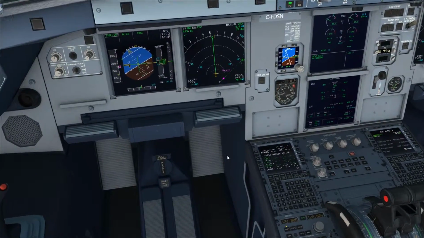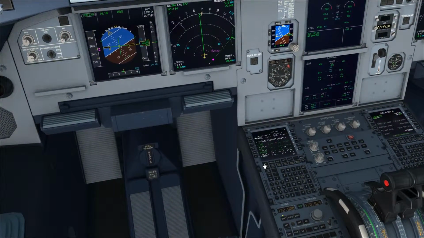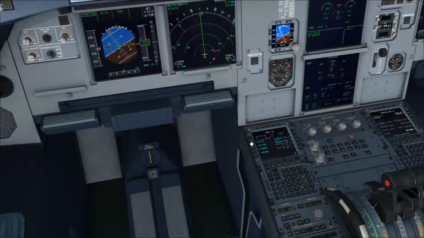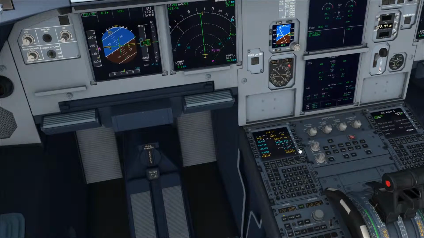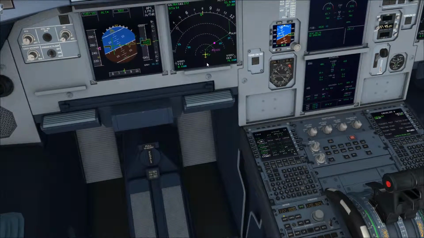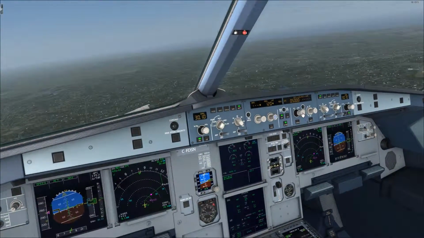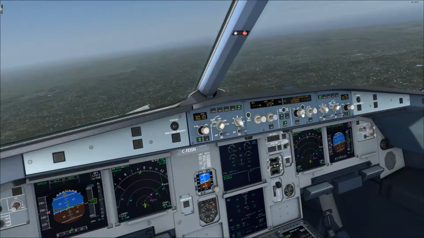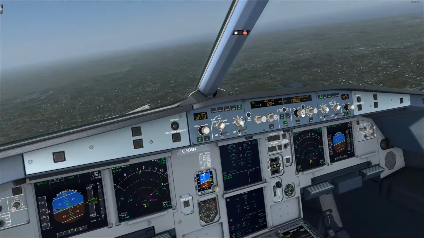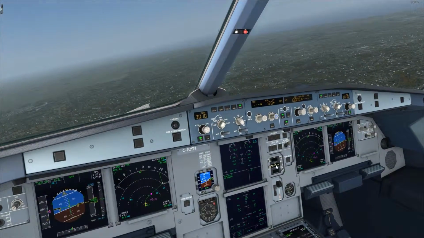And that we are cleared direct Alcut. So we go direct to Alcut. And we insert that. And now we can see our path is going direct to Alcut. And oh, by the way, you're cleared to 13,000 feet. So 13,000, now we push to let the FMC manage that.